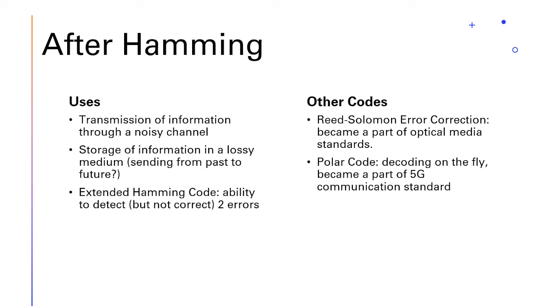In our previous example, you must have noticed that the top left corner of the 4x4 grid is not filled in. And you probably want to ask, why was there no digit in there? Well, you could actually fill that digit in to add extra ability to detect but not correct 2-digit errors.